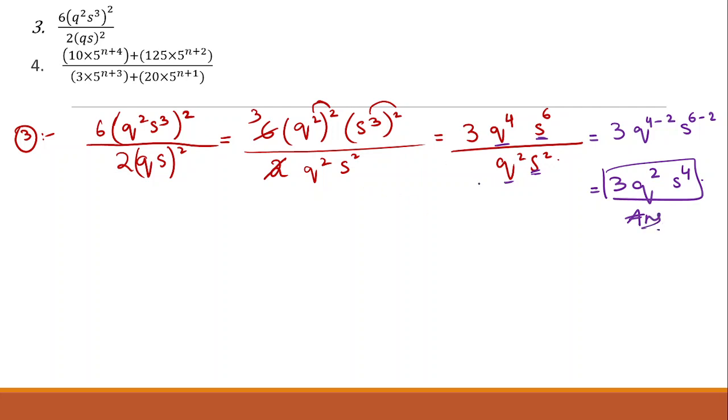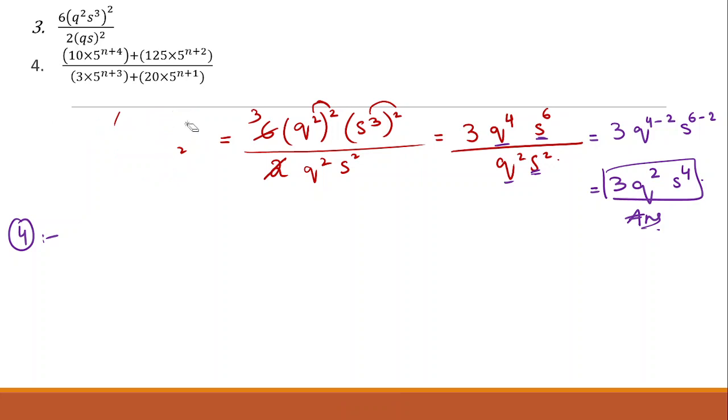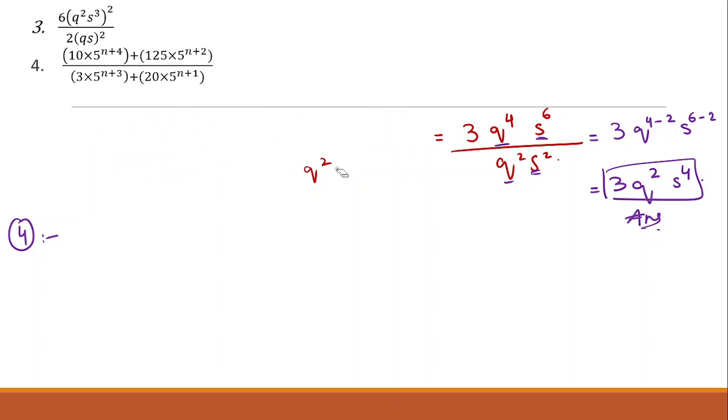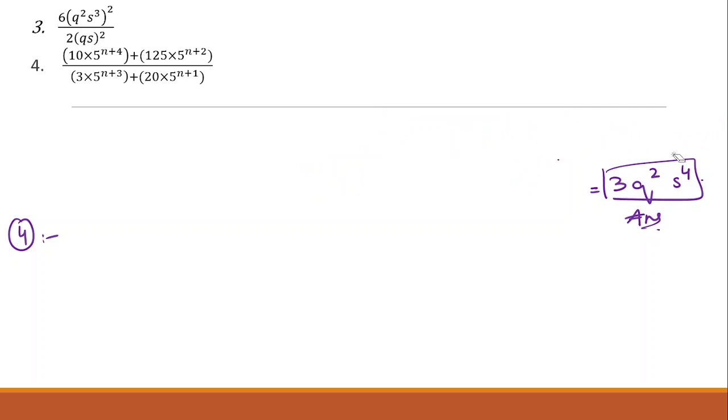Okay, so similarly we have question number 4. It seems a quite difficult or complex question, but it is not. In question number 4, we also have to simplify it, we have to evaluate it. We need to see what should be our focus.